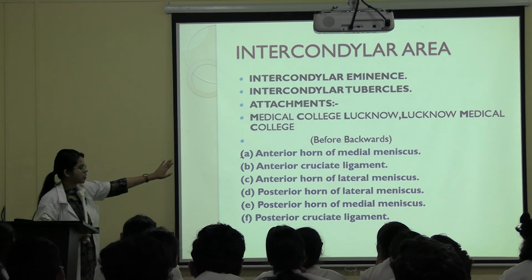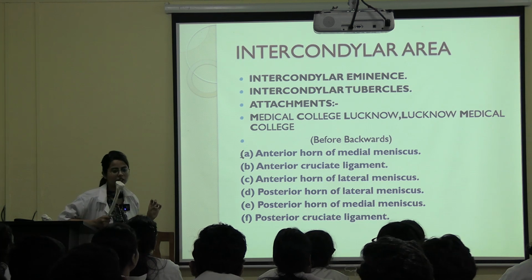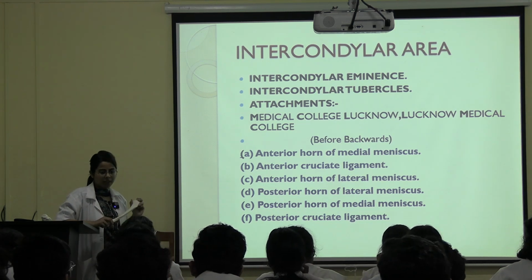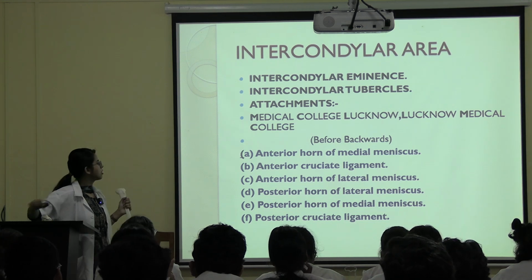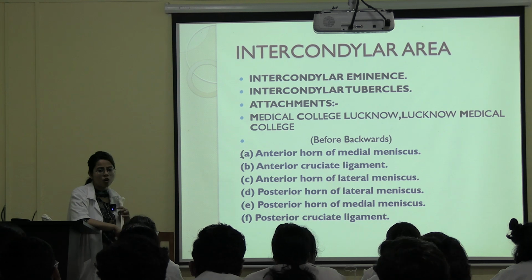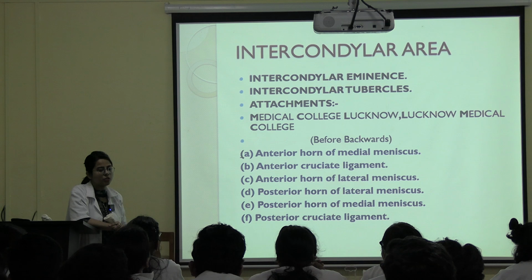Okay, now what are the attachments? There is one mnemonic to learn it: Medical College Lucknow, Lucknow Medical College. The first letter of each word. How is this arranged? First, M is medial meniscus, anterior horn. Horn means the end. Do you know what a meniscus is? Have you heard about it?